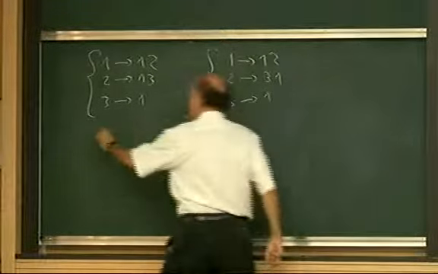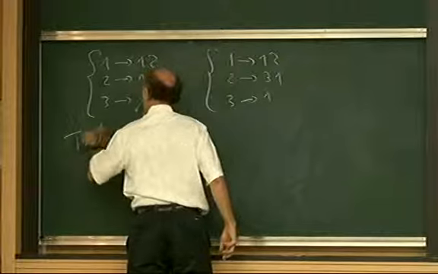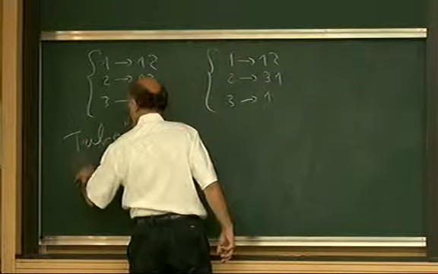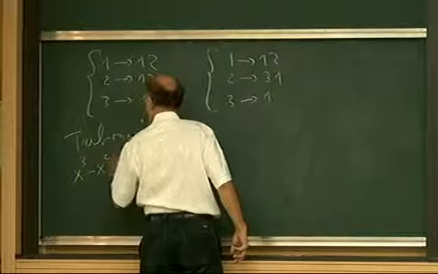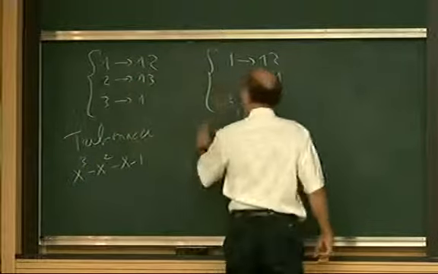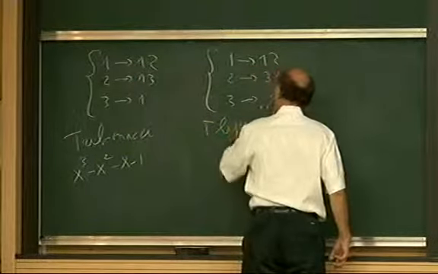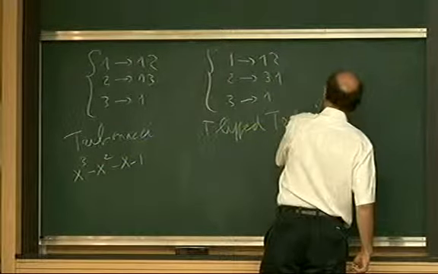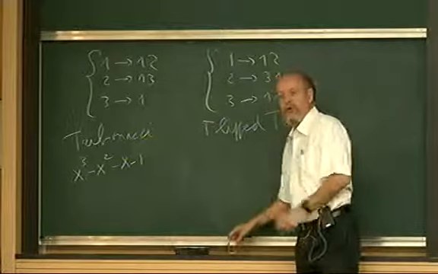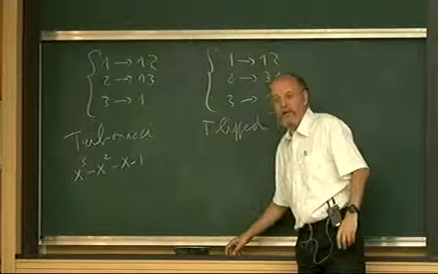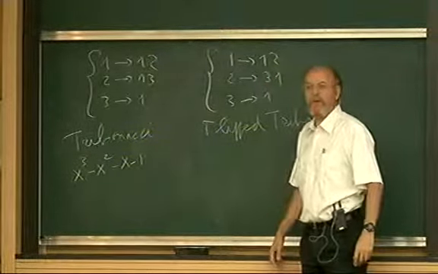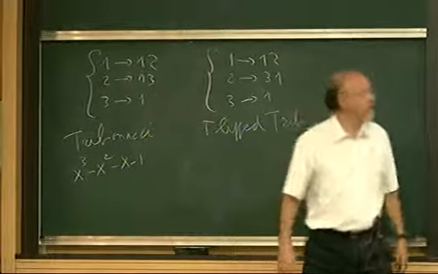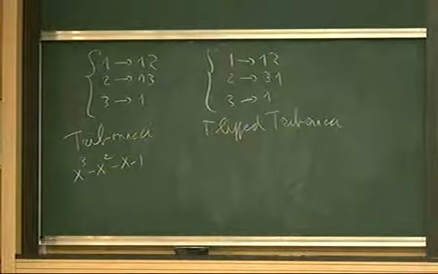So this is Fibonacci, because it's related to the golden ratio, and this is flipped Fibonacci. These look very similar. They are both automorphisms of the free group of rank 3, but they have very different properties. This is the Rauzy substitution.